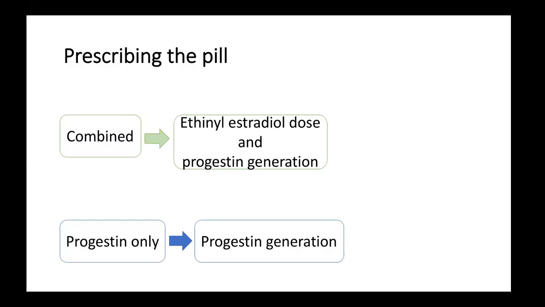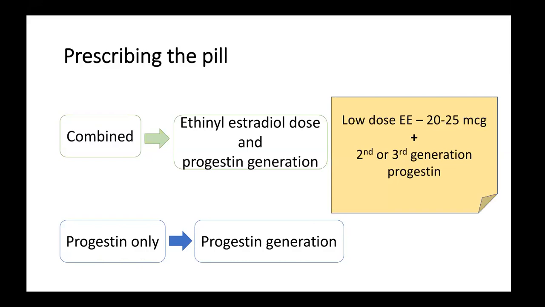So again, thinking about what sorts of non-contraceptive benefits this patient might prefer if they were to use a different generation progesterone. And then as far as the progestin only, of course, we're just thinking about which generation to choose and what dose to choose. And then going on with the combined, exactly what I just said.